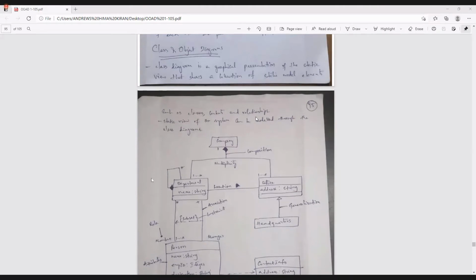Not only representing each and every individual class, we have to include the content of the class. That means we have to include the attributes of the class, the operations of the class, and the responsibilities of the class if needed. After representing all the classes individually, we have to integrate or combine each individual class by using the appropriate relationship only. We need to be specific about what type of relationship we use to combine one element to another element.